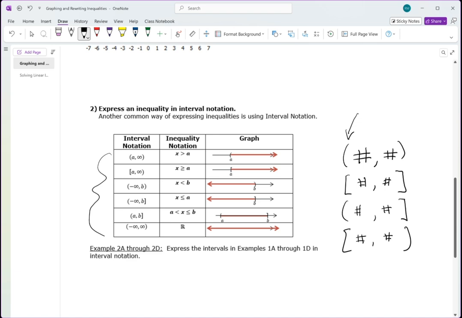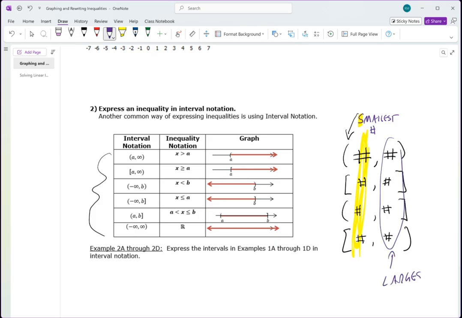This symbol is going to mean less than. Now, all the numbers on the left-hand side are going to be my smallest values, the smallest number in my interval. And the numbers on the right are going to be the largest numbers in my interval.